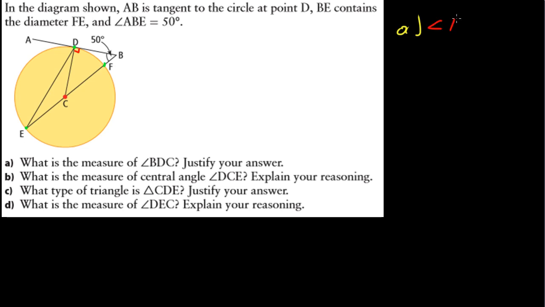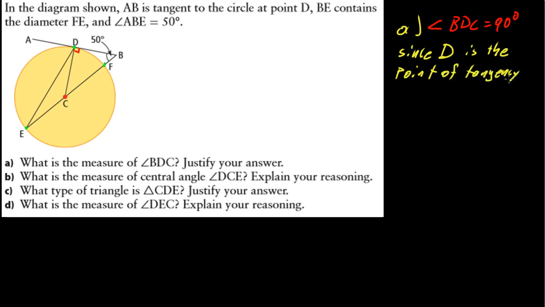So angle BDC equals 90 degrees. And our reasoning is since D is the point of tangency, but also it's because D is linked with C. D is point of tangency of radius CD.